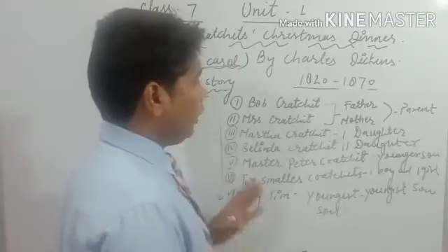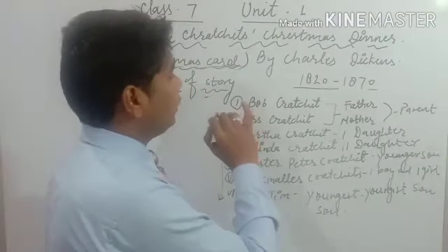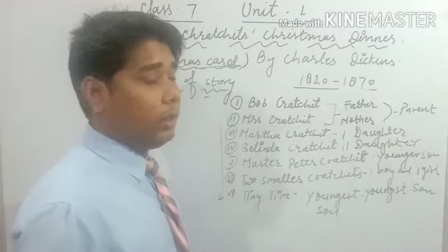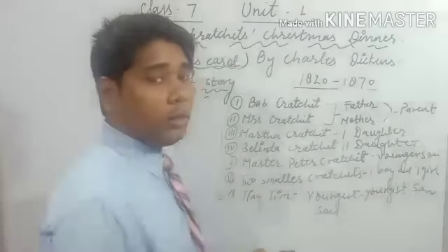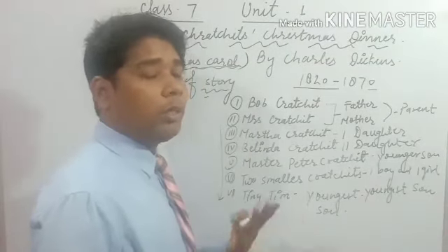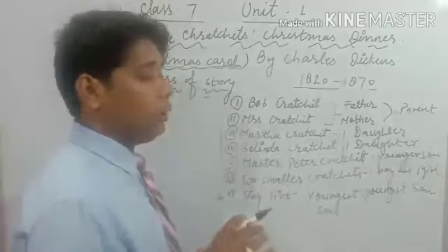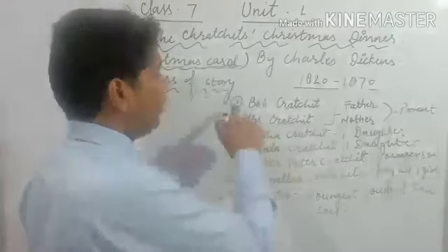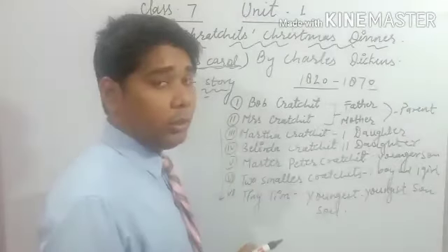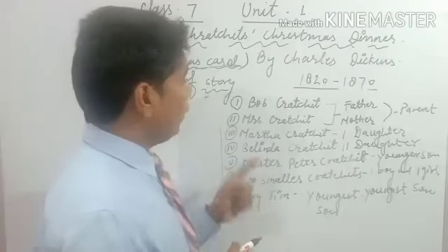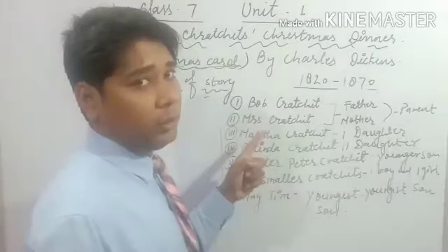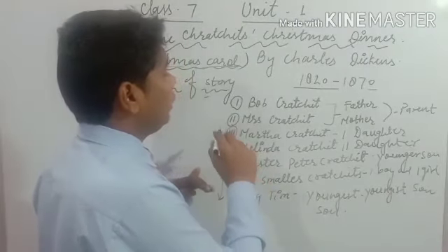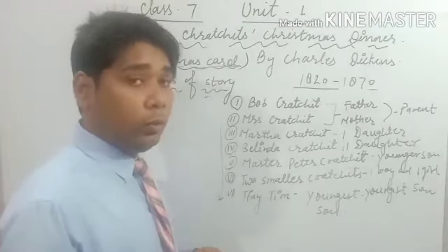Next, I want to tell you Bob Cratchit was very poor. He worked in an office, and the boss of Bob Cratchit was named Ebenezer Scrooge. Scrooge was a very proud person.